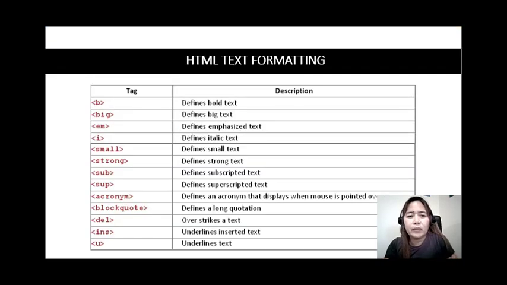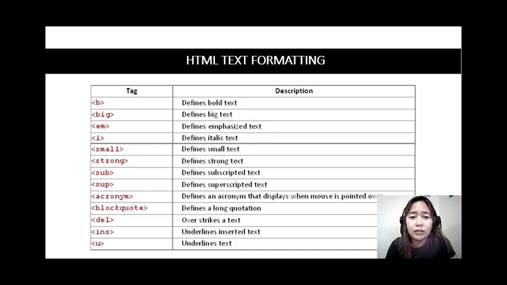Alright, let's proceed with other text formatting tags that are also available in HTML. Not all of these may be displayed differently depending on your browser and your operating system. So let me just share some of them.